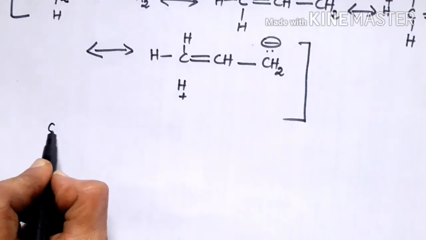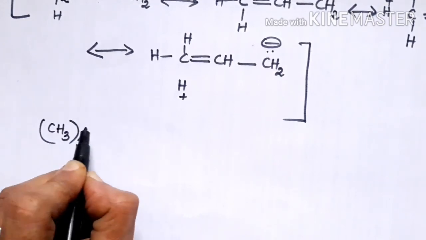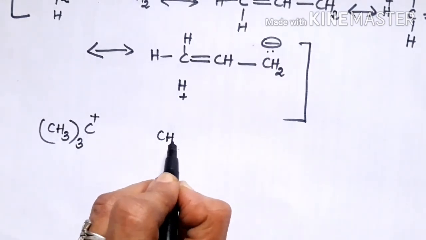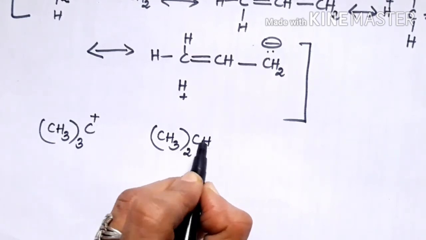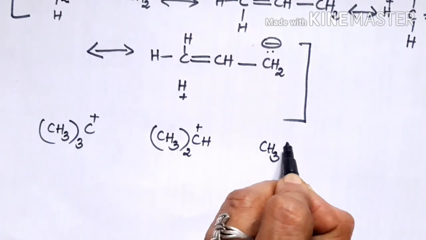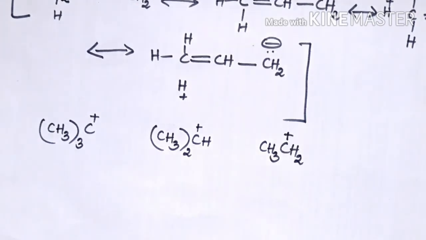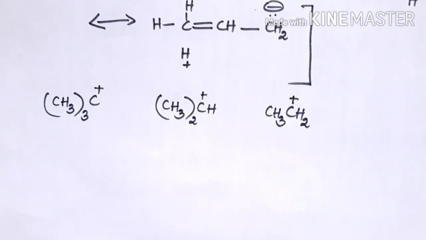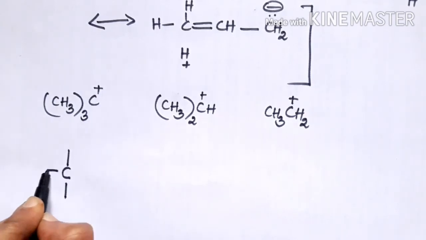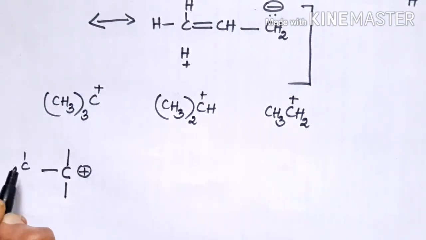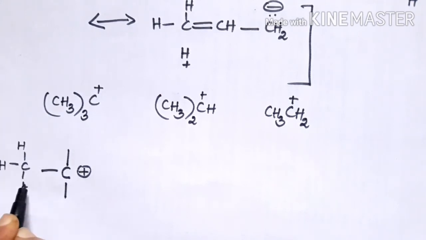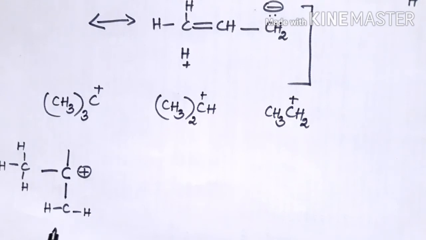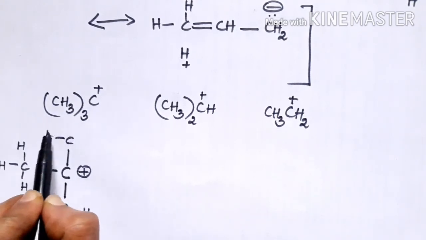Consider the examples of (CH3)3C positive, (CH3)2CH positive, and CH3CH2 positive. We'll check how many hyperconjugative structures are possible on these carbocations. First case, if you spread it out and write, we have the structures with three CH3 groups.